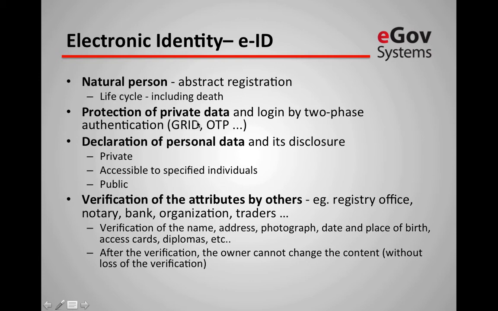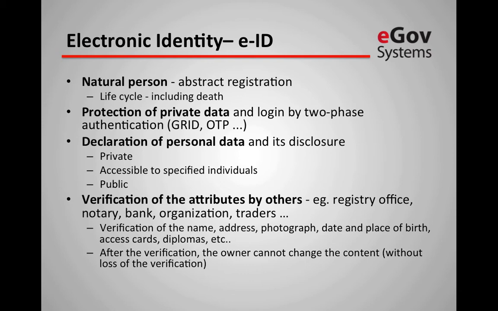That means the user has to use either a grid card, a one-time password, or another means when logging in to this account. Within this account, he declares all his personal data which he wants to use on the internet, like name, address, phone number, and so on. He may include copies of documents like a diploma or his photograph.